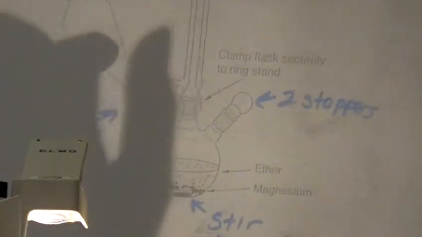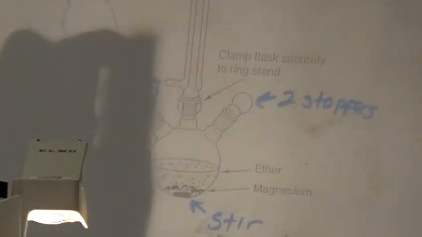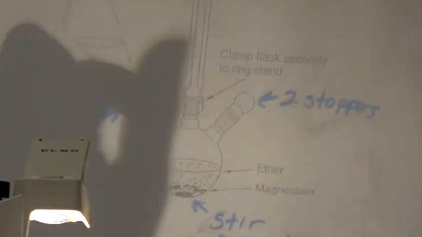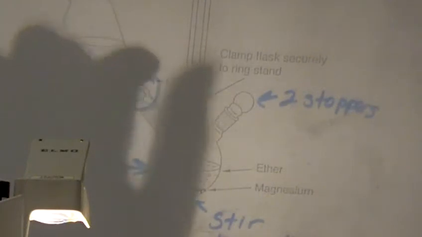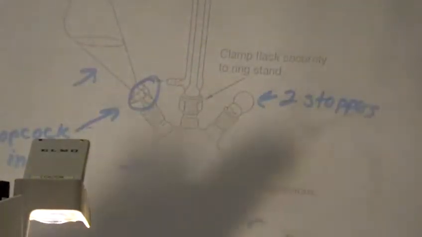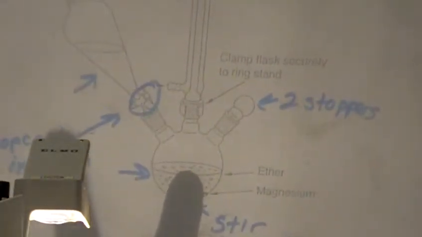And if you needed to, you could kind of jostle your sep funnel a little bit just to mix it around. But you don't want to get a lot of oxygen in there either, okay? So if you just put your ether in first, and then put your alkyl bromide in here, make sure your stopcock is closed, okay?